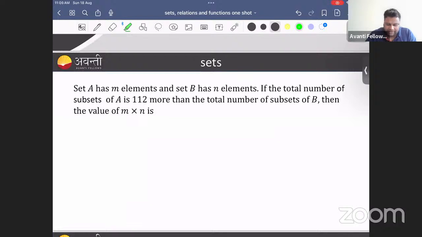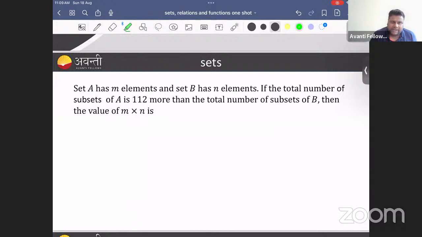Set A has m elements and set B has n elements. Total number of subsets of set A is 112 more than the total number of subsets of set B. What is the value of m cross n? Okay. So you guys take a moment, think about it, and give me the correct answer in the chat box, please.